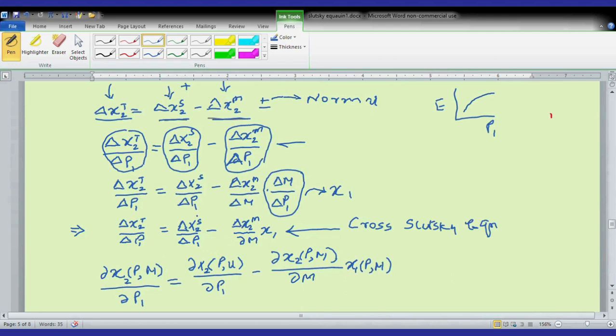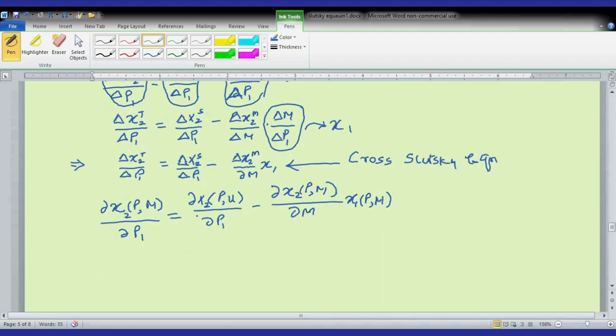In partial derivative form it could be written like this. I have skipped some of the steps to arrive at the partial derivative version of the Slutsky equation, or cross Slutsky equation in fact.